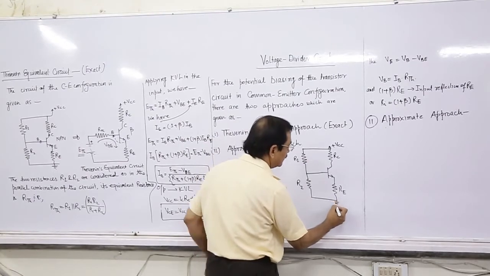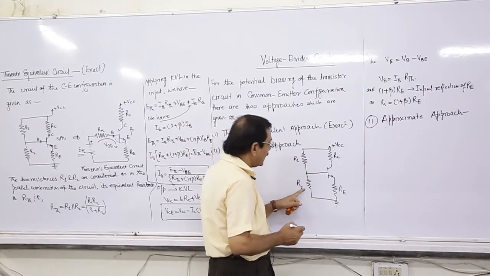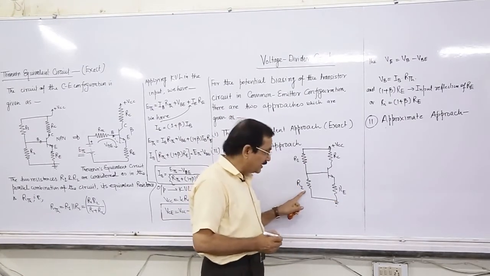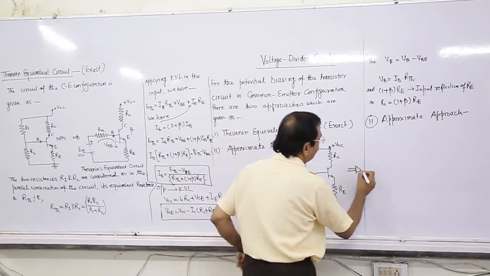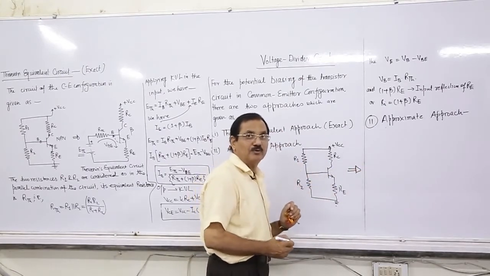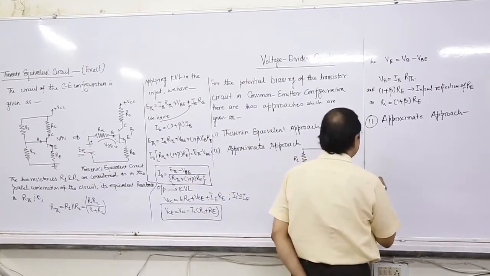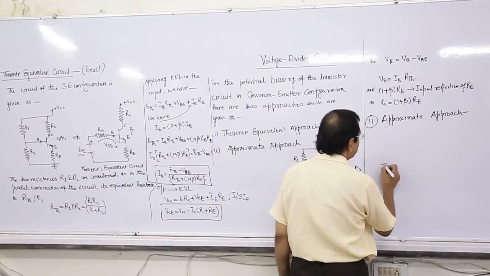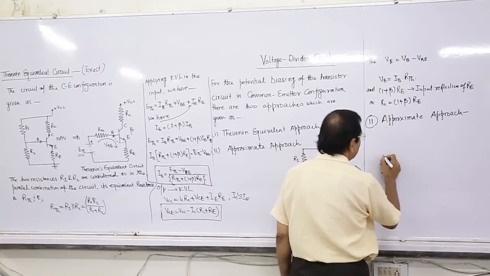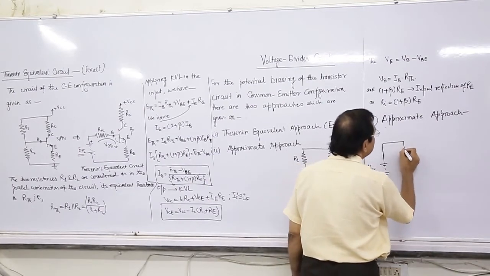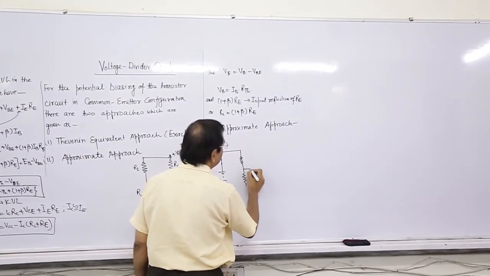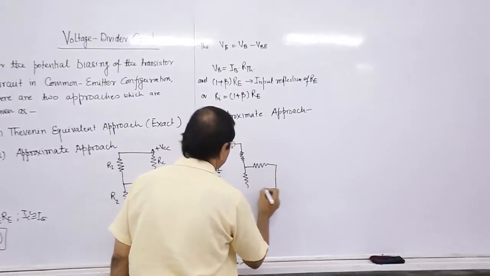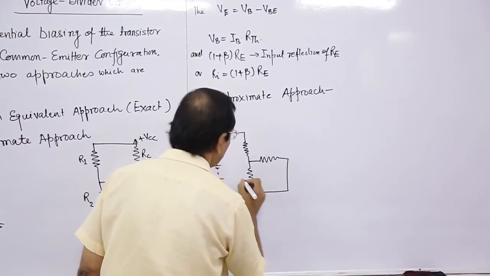This R1, R2 and RE is equivalent, in case of this approach, to this: VCC is connected with R1 and R2.